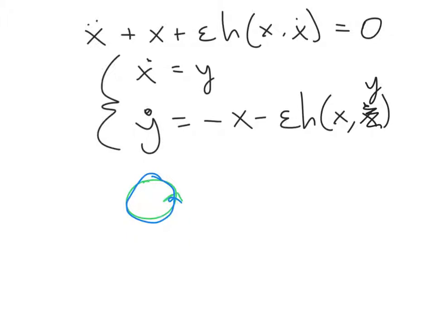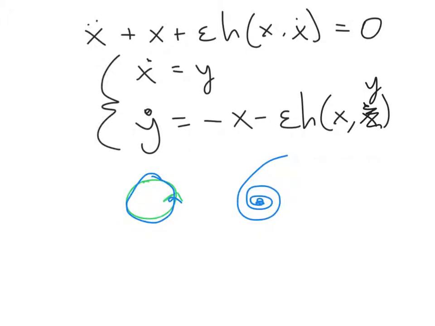In the case when h depends on x and y, we expect, okay, now maybe we have a little bit of friction attenuating things, and so we'll get a very slow spiral inward that will look a lot like this oscillation for a long time, but is very slowly spiraling in.